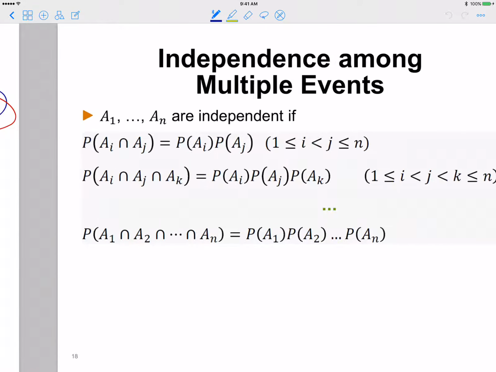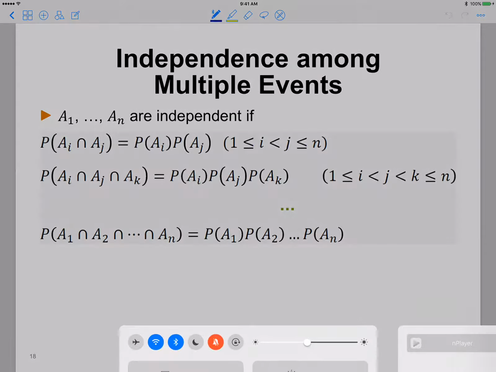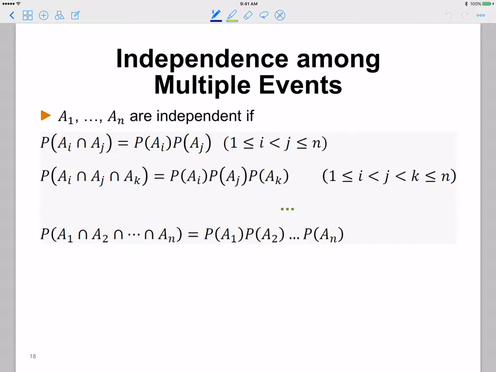And then if we have multiple events, we have to consider whether they are independent or not, and we only considered 2 events. But what if we have more than 2 events? Then we should satisfy all the possible independence equations. So we consider all the pairwise cases.